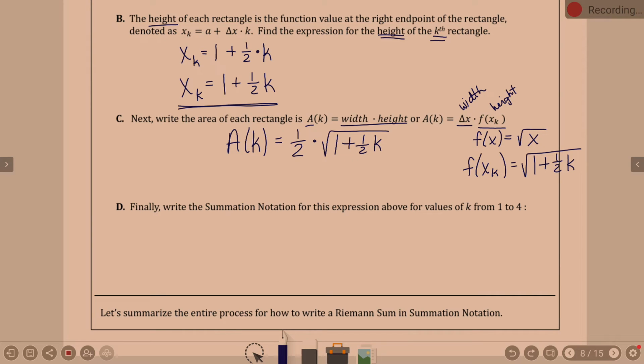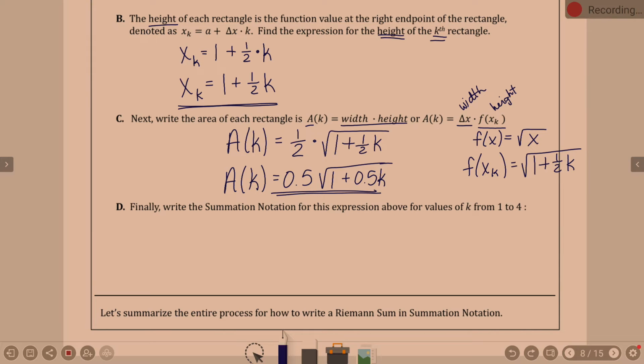Okay. I also have it written in my notes using decimals. So you could say 0.5 times the square root of 1 plus 0.5 k. Either way. Okay.